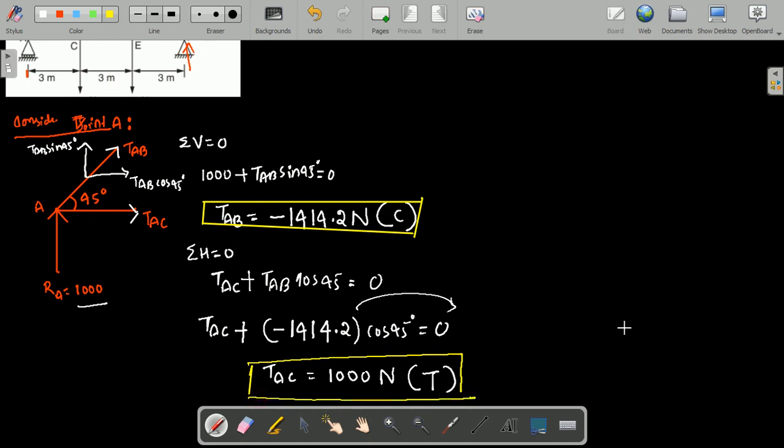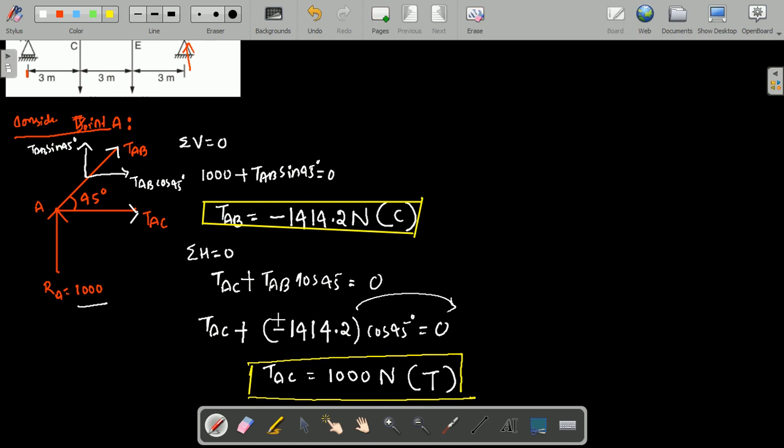So TAB we have calculated, TAC we have calculated. These forces are very important, along with the sign convention. If it is positive or negative, you need to consider that only. In your textbook there are different ways, because they change the direction based on compression as well as tension, but you need to follow any one of the methods.